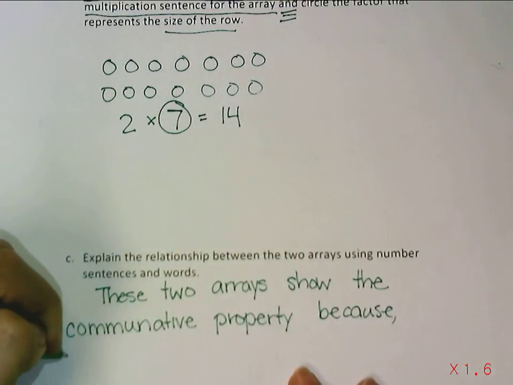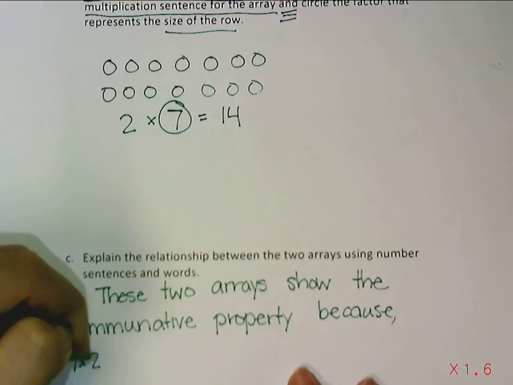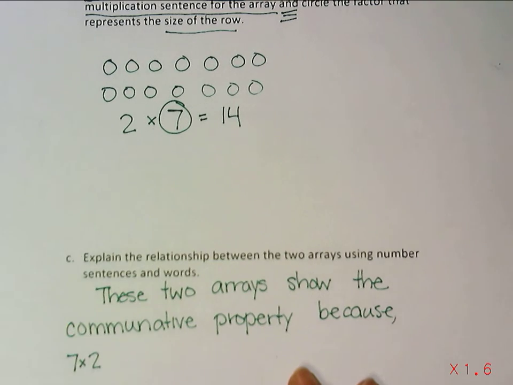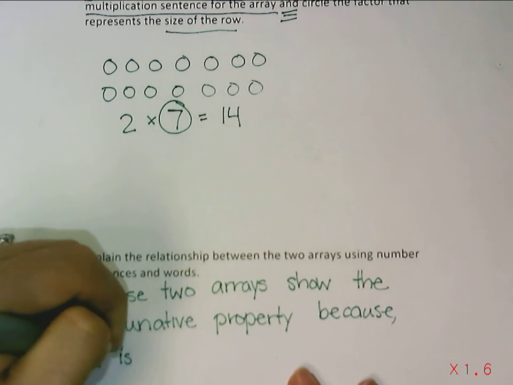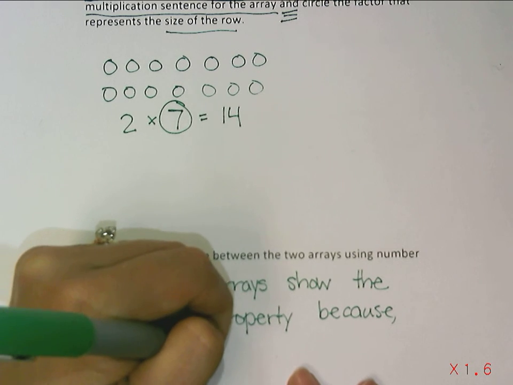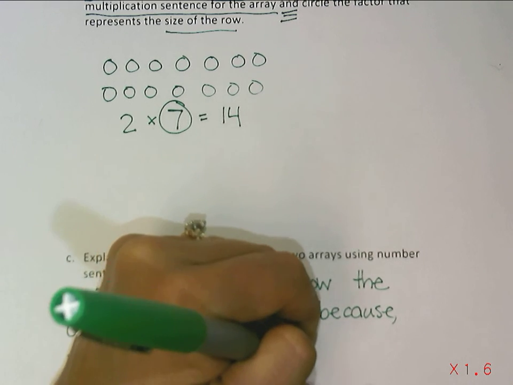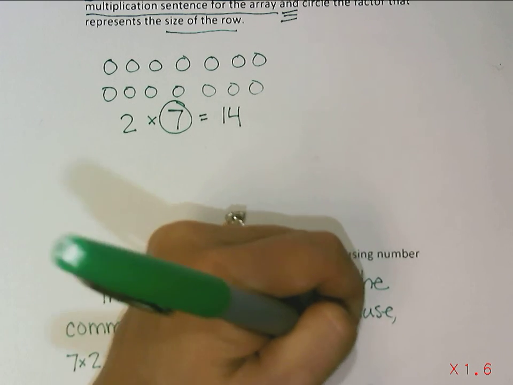Because 7 times 2 is the same as 2 times 7.